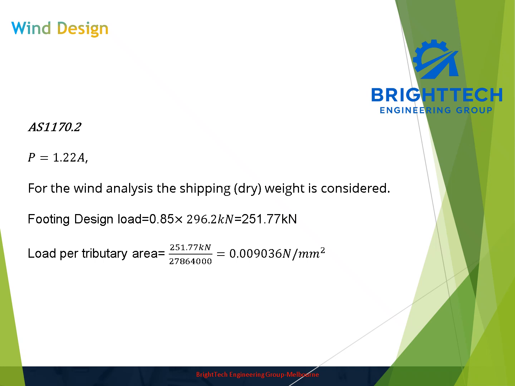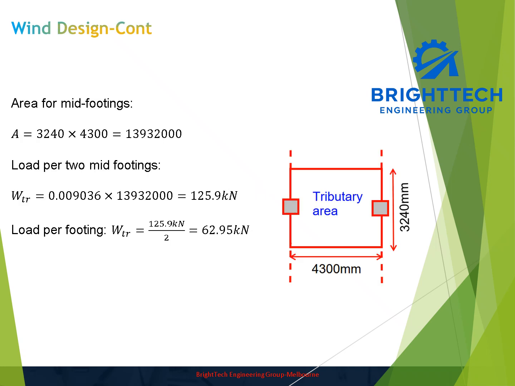The footing design load is 0.85 by 296, which is the dry weight, which is 251.77 kilonewton. Load per tributary area is this amount, as you can see. The area for mid footing is 3,240 by the width 4,300, which is this amount in square millimeter.